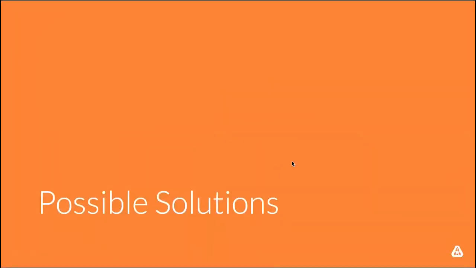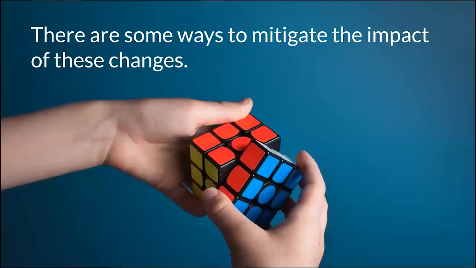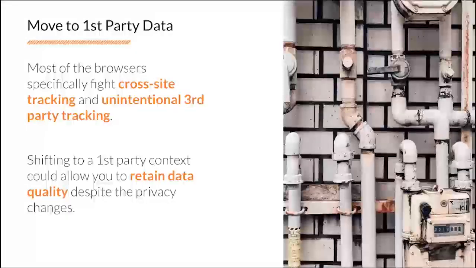So let's look at a couple possible solutions, because there has to be something we can do. Well, there is. A lot of the browsers are targeting third-party data and trying to break third-party tracking. Now, the unfortunate effect here is that in the crusade to do that, it can unintentionally break legitimate use cases for how things work.